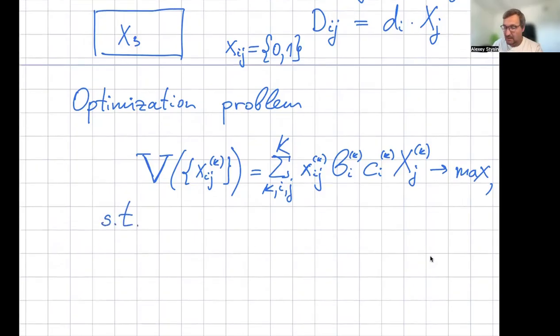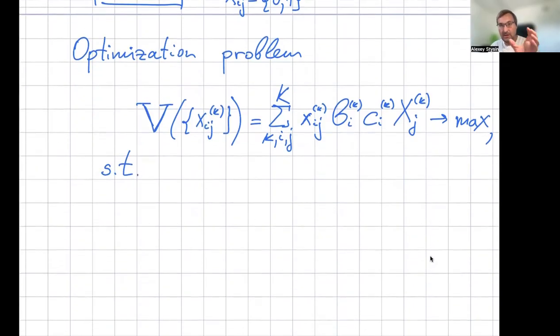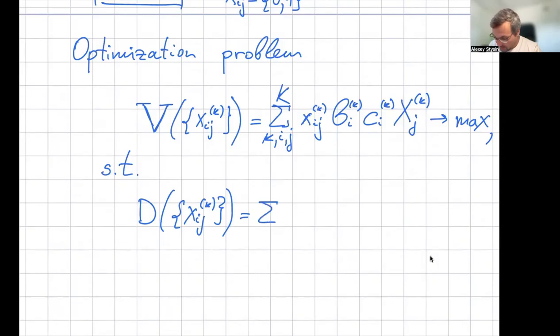We want to say that, well, we want the allocation to have at most a certain damage. So then the damage of the allocation x_ijk, again, this depends on all the assignment variables, is going to be the sum, again, over k, i, j, x_ijk, and now here we put d_i and x_j.